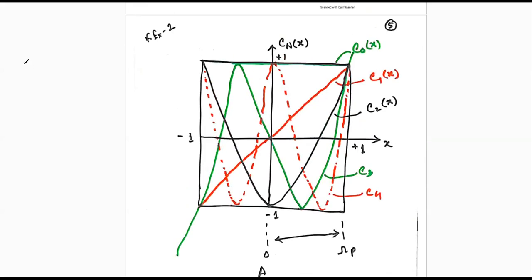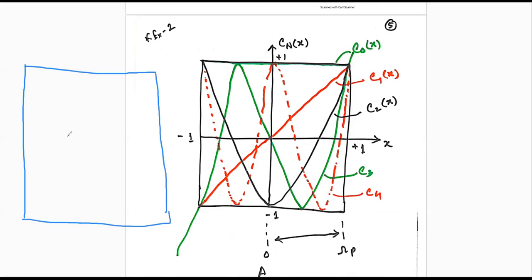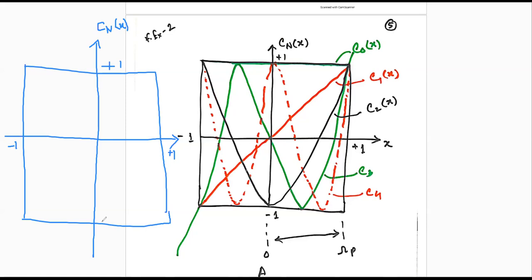If I draw this diagram here again for you, the whole diagram, this is x, minus 1, plus 1, and this is Cn of x. This is plus 1, and this is minus 1, and this is 0. So this is plus 1, minus 1, 0 of the Cn, and this is the x.